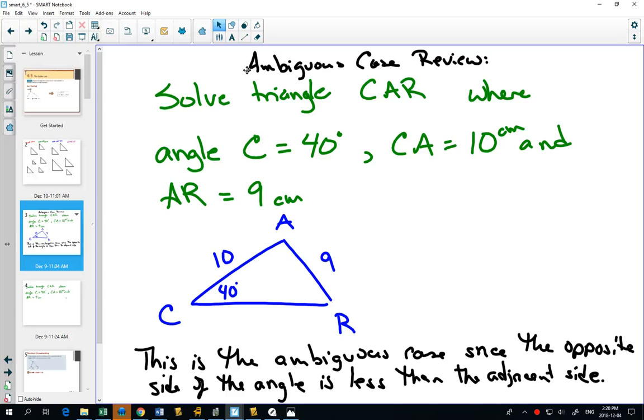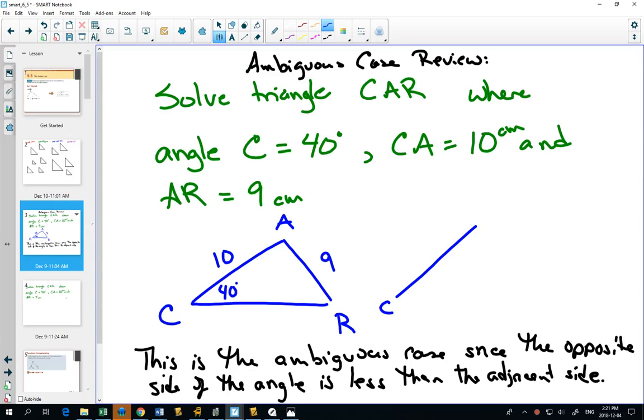There might be 0 triangles. Remember when we drew the side length and it wasn't long enough to make any triangle possible? Maybe this is a case where there's no triangle possible. Maybe this is the case where there's 2 triangles possible. So what we do is we assume that there's 2 triangles possible.